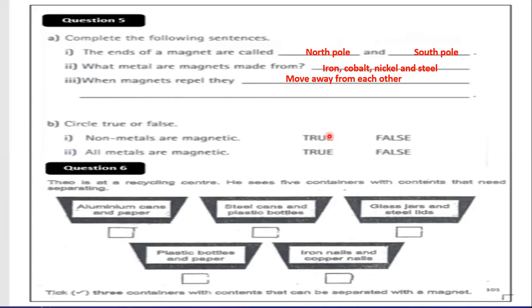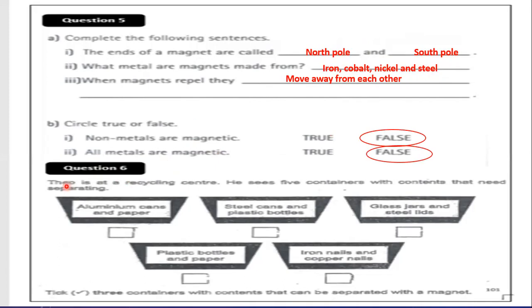No, this is false, because iron, cobalt, nickel, and steel are all metals, and they are the only magnetic materials that we know about. The second statement says all metals are magnetic. Again, this is false, because only those 4 of all of the metals are magnetic.